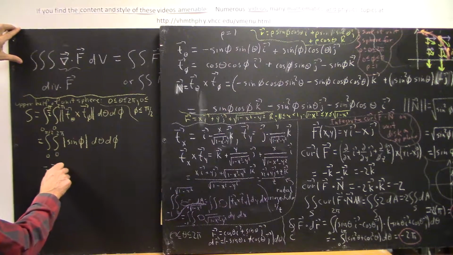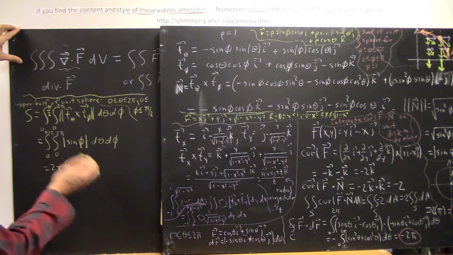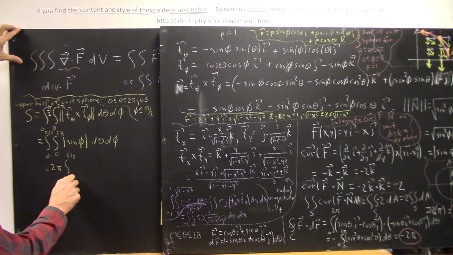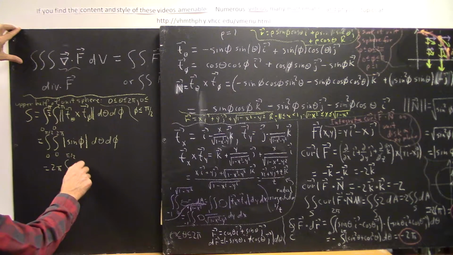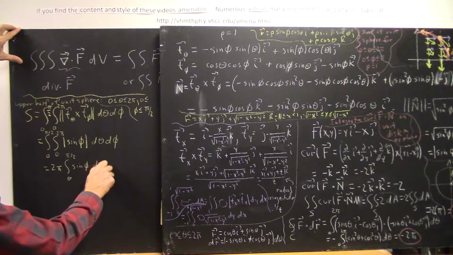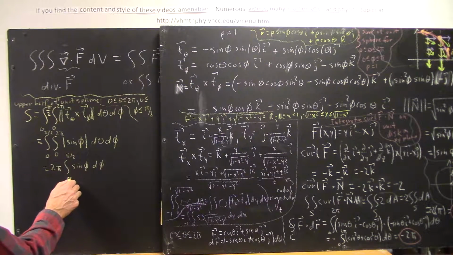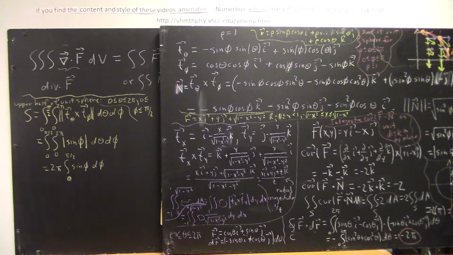So this becomes just 2 pi, which is a constant, so I take it out of the integral, times the integral from 0 to pi over 2 of sine phi d phi. I'm actually going to end up with the negative of the correct result, and I'll explain that in a minute and why we got the negative and what we could have done to avoid that.